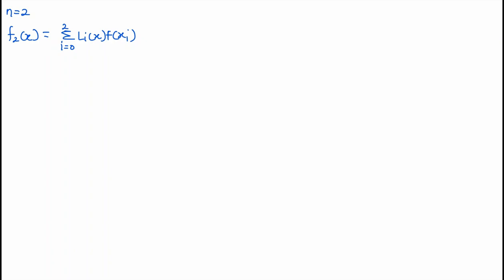Now let's expand this. You are going to have f2 of x equal to, our i values will be 0, 1, and then 2. Let's take note of this. So you're going to have L0 of x multiplying f of x0, plus the next i value, which is 1, L1 of x multiplying f of x1, and then the next i value, 2, L2 of x multiplying f of x2.